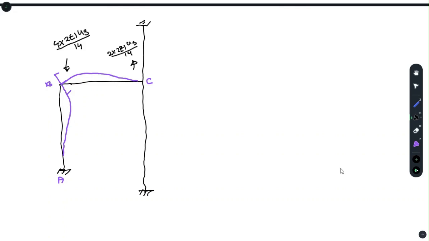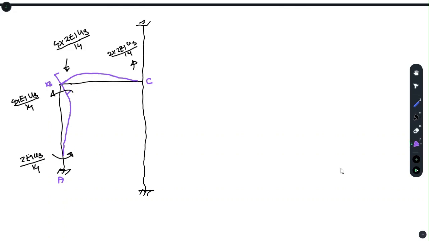At point A, we'll get an anticlockwise moment, and the value will be 4 multiplied by EI U3 over the length. Here the length was 14, and it will be twice EI U3 over 14.